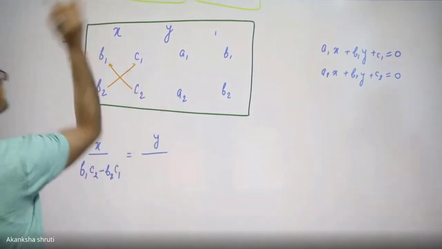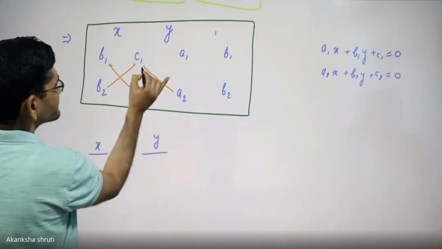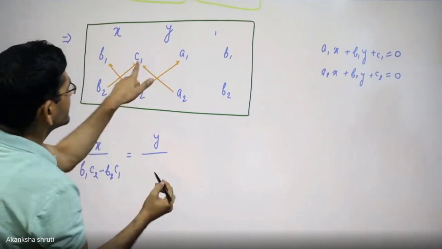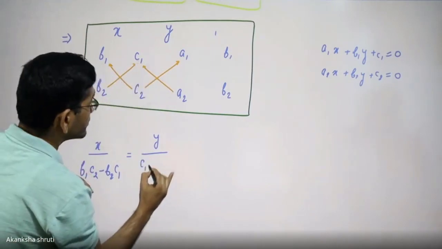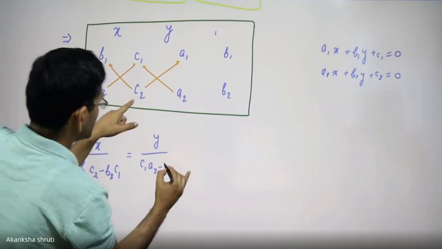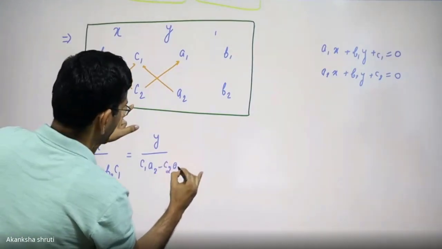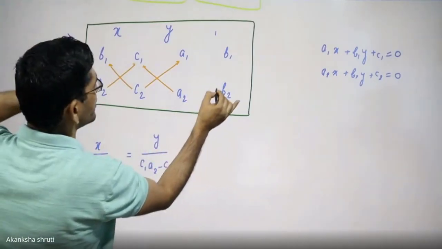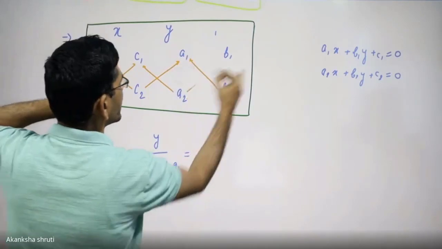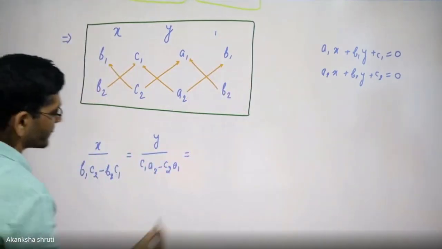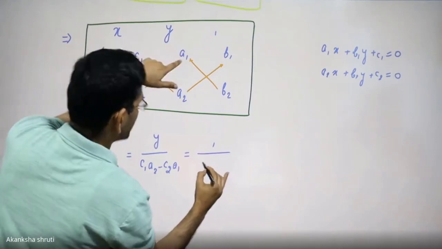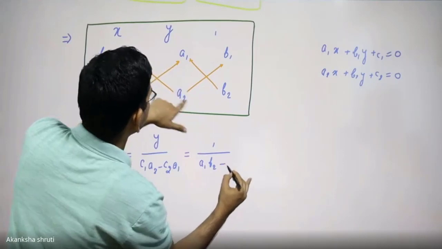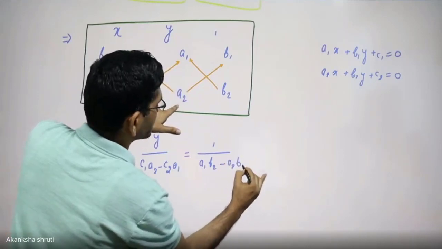For y, again go left, go right with negative. So this y, c1 a2 minus c2 a1 is equals to, again for the third ratio, we need to go left up, right up. So 1 by a1 b2 minus a2 b1. Okay, students?